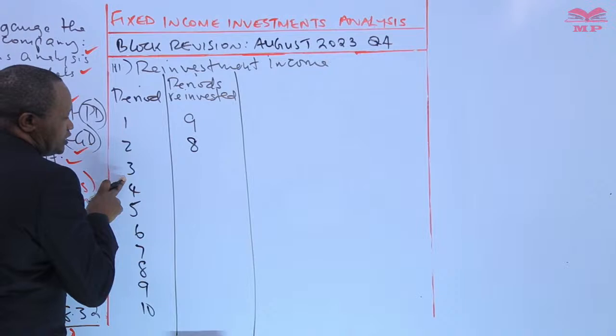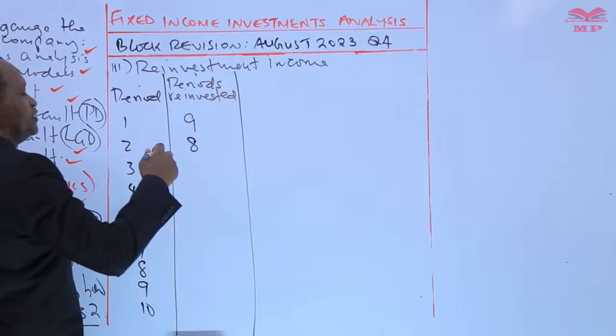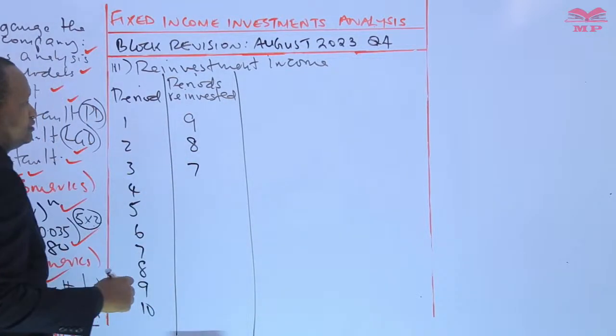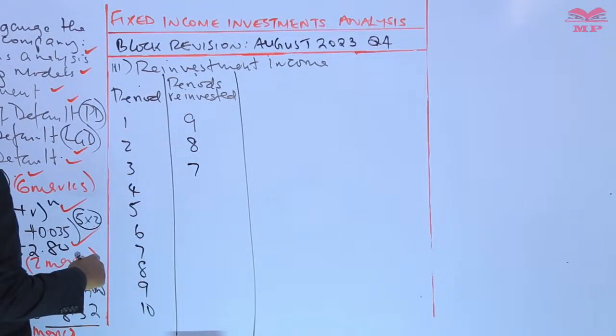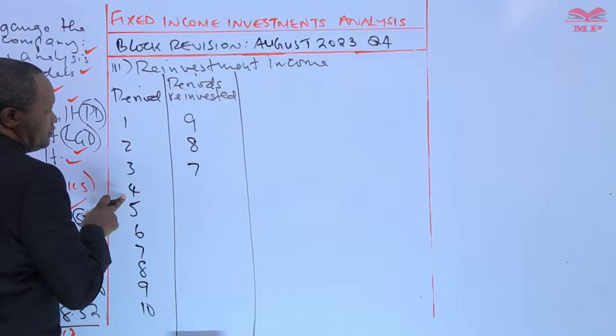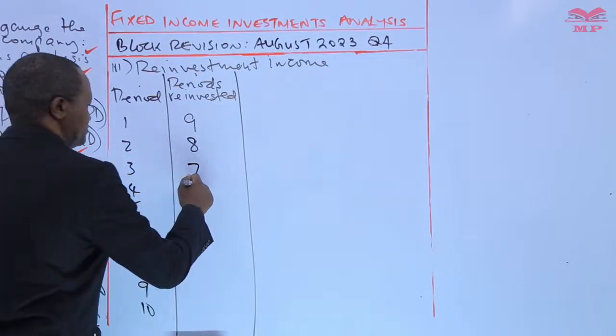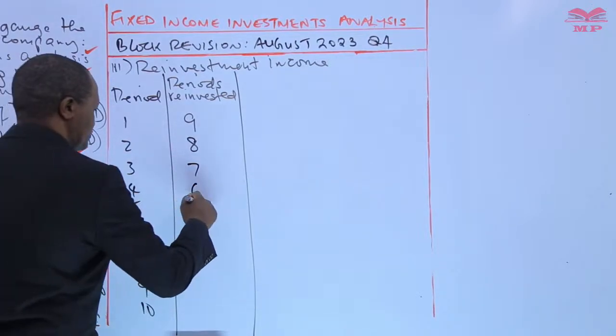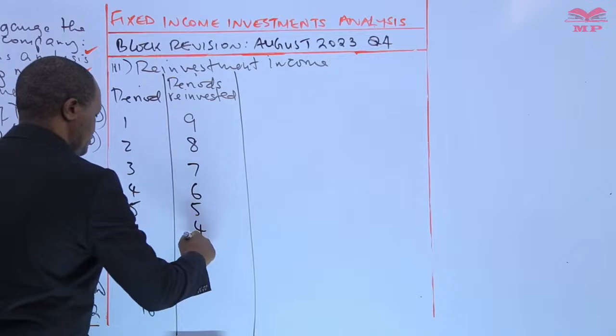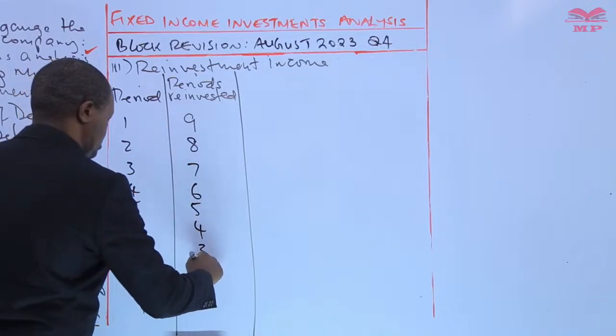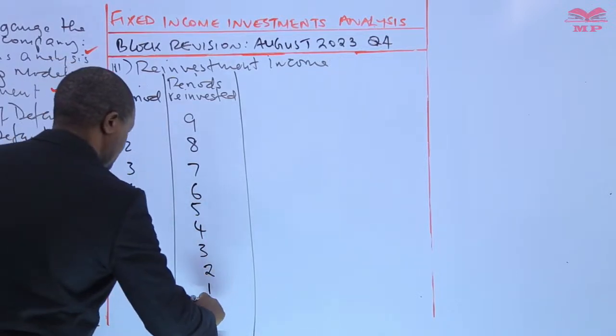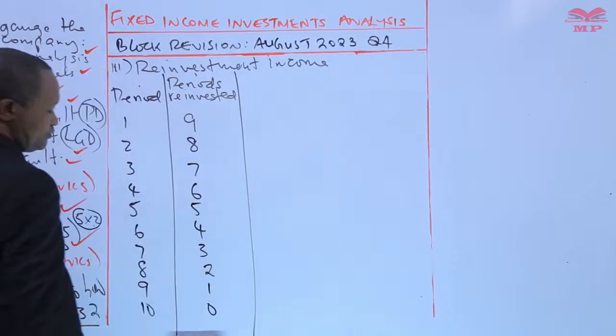The interest received at the end of the third period, that is after 1.5 years, will be invested for 7 periods. The one received at the end of the fourth period will be invested for 6 periods. So it goes down like that: 5, 4, 3, 2, 1, and 0.